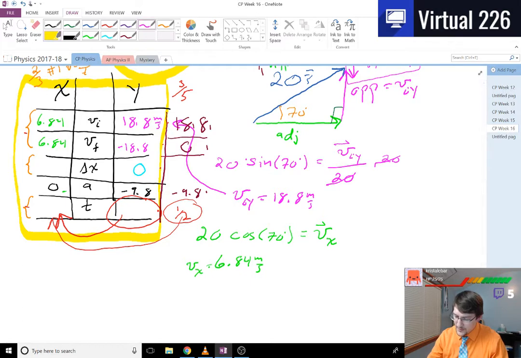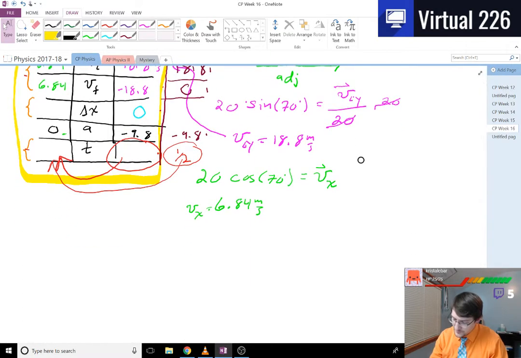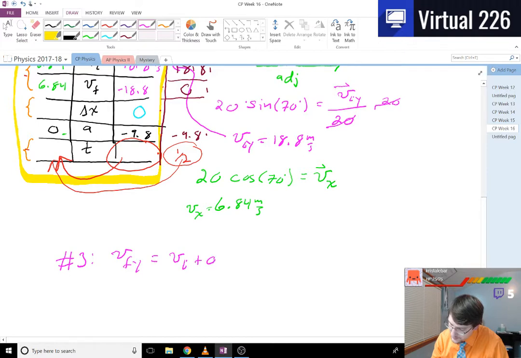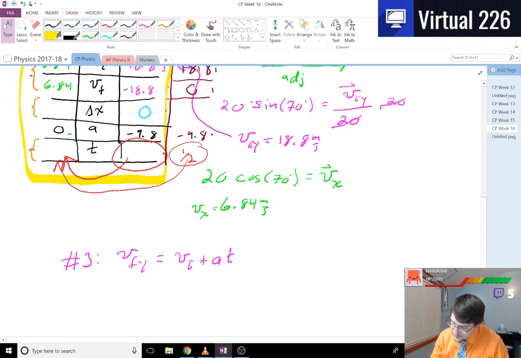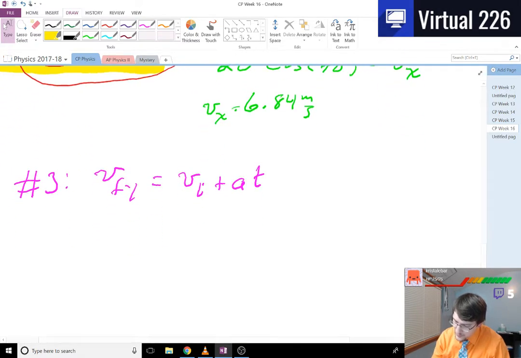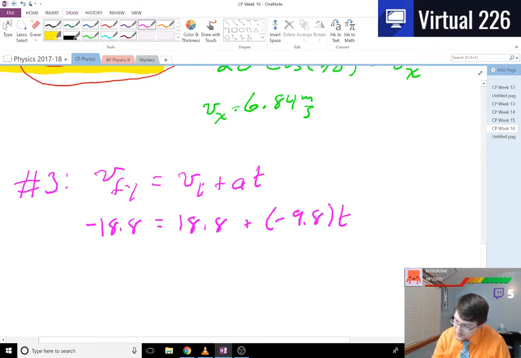So I'm going to use equation number 3 from our best friend. Equation 3 is V_f equals V_i plus a t. If we go ahead and solve this, we're going to get negative 18.8 equals positive 18.8 plus negative 9.8 times t. We will subtract the 18.8 over, and then we will divide by the negative 9.8.